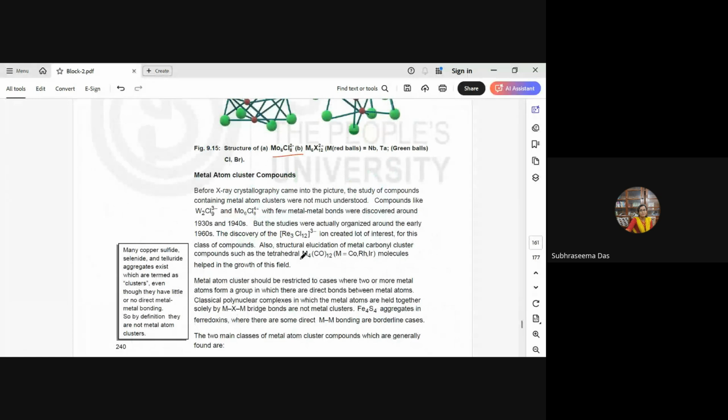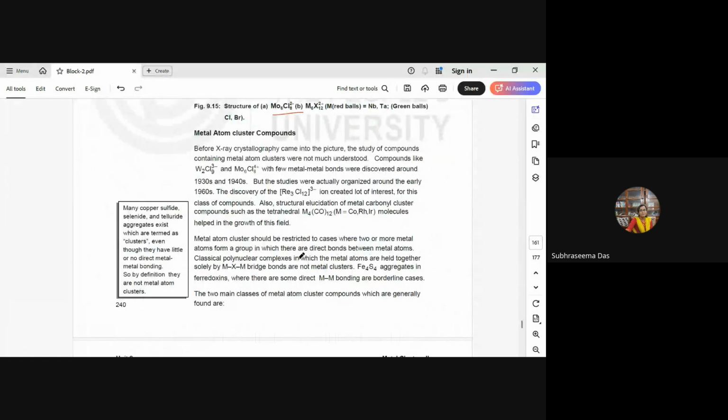Then coming to metal atom cluster compounds. The study of compounds containing metal atom clusters was very difficult to understand. Compounds like W2Cl9 and Mo6Cl8, although they were discovered, had their structures analyzed much later. The discovery of Re3Cl12 actually gained interest in this field.